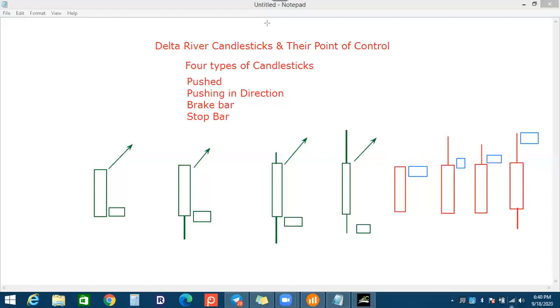So I can consider it is a pushed candle. Got it? Everyone clear about the pushed candle? Yes, sir. Okay, so I move on.